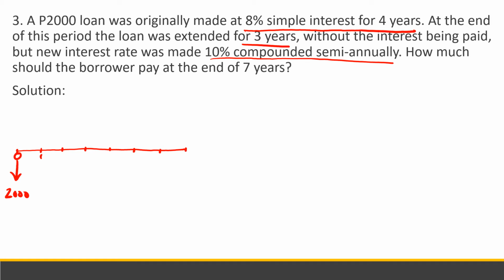Then after 4 years, so for 4 years is gagamit daw ng simple interest. So dito maglalagay na tayo ng future amount dito, say F4. Then for the last 3 years is compound interest na yung gagamitin.